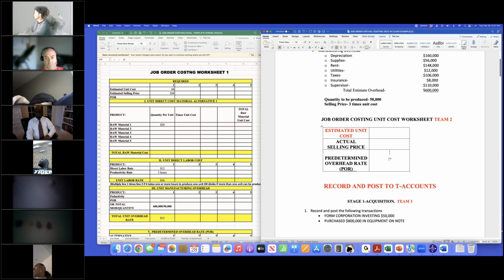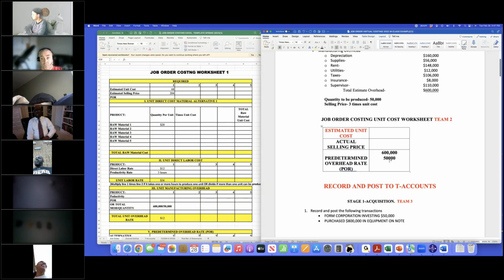So the first thing is the total overhead, 600,000. Second thing is the quantity, which is 50,000 we're making. Our productivity rate is 3.